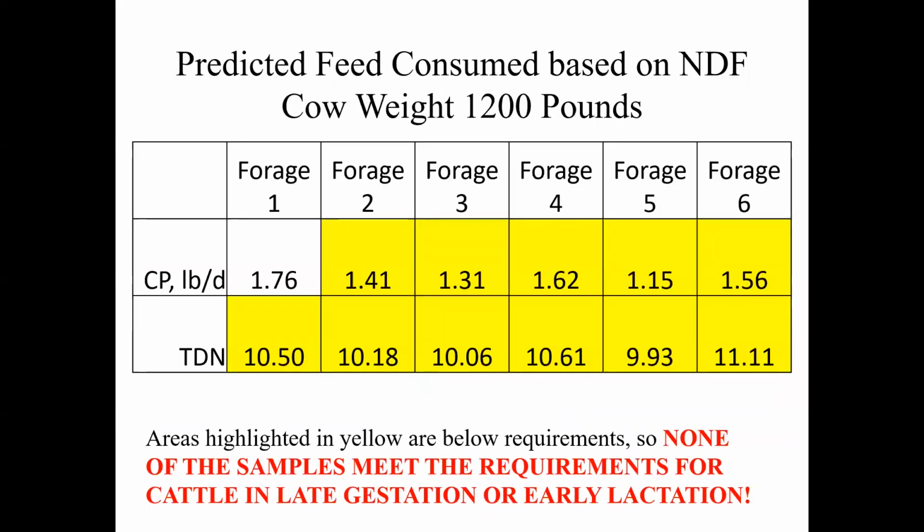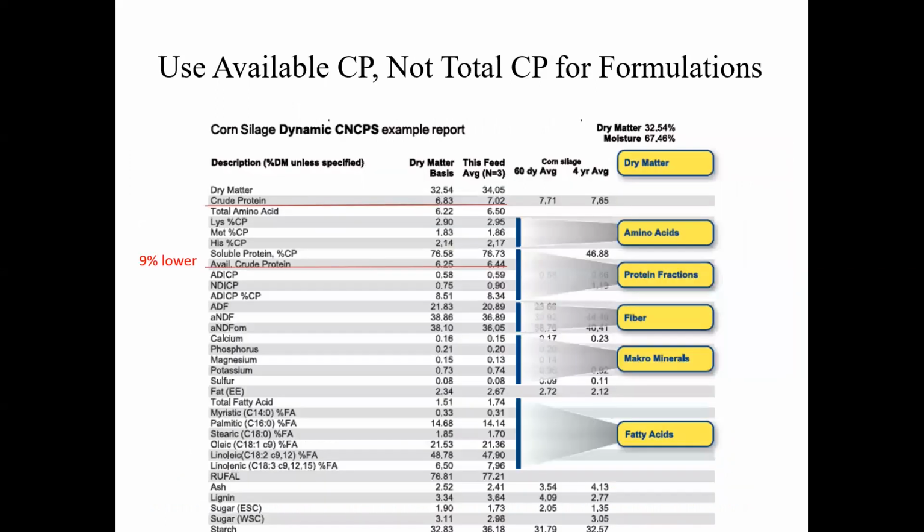If we look at all 6 forages, we find that only one of the forages actually met the predicted feed consumption and requirements of an animal. So what this shows is that in many cases with our forages, we need to be doing something to improve the protein status of the forages consumed by the animal.